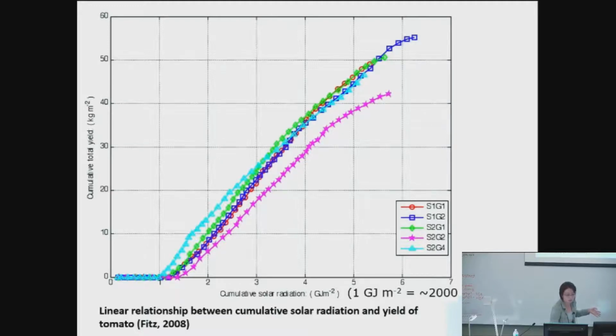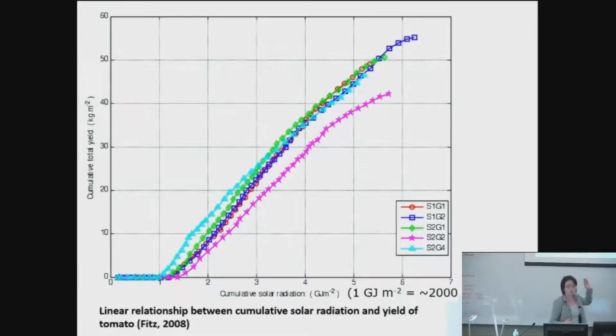That's the y-axis. The x-axis is the cumulative, but not per day. It's the entire period. So this is showing the linearity between the total energy received by the greenhouse over that duration and the yield.